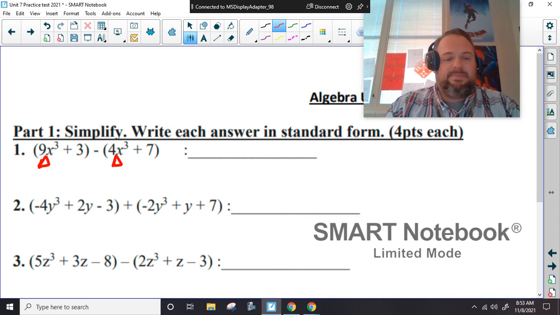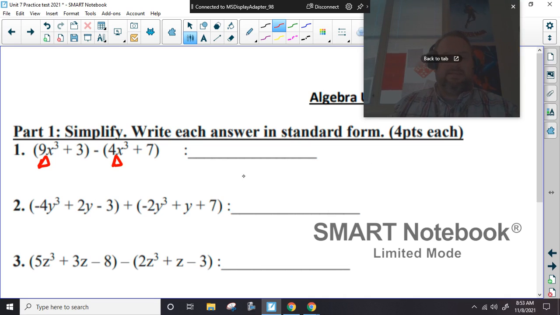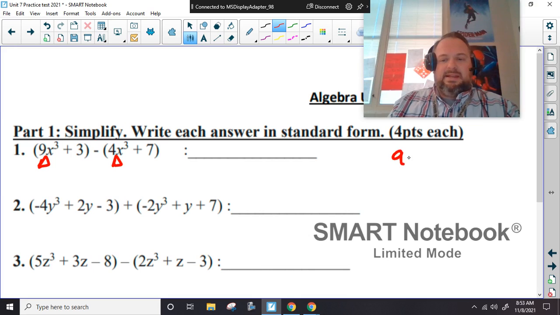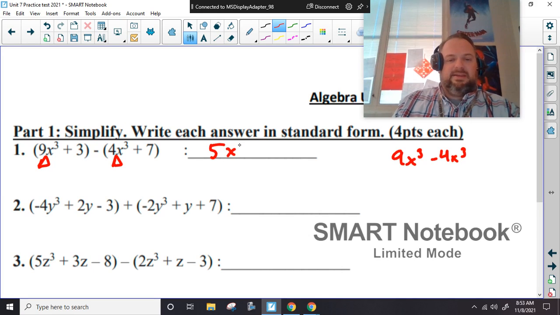And you can rewrite it if you need to. You don't really have to, but this is the same thing as saying 9x to the third minus 4x to the third. And 9 minus 4 is 5x to the third.